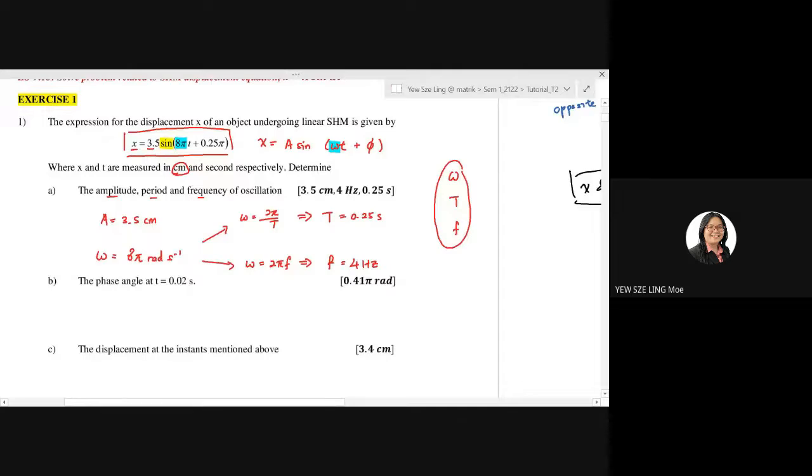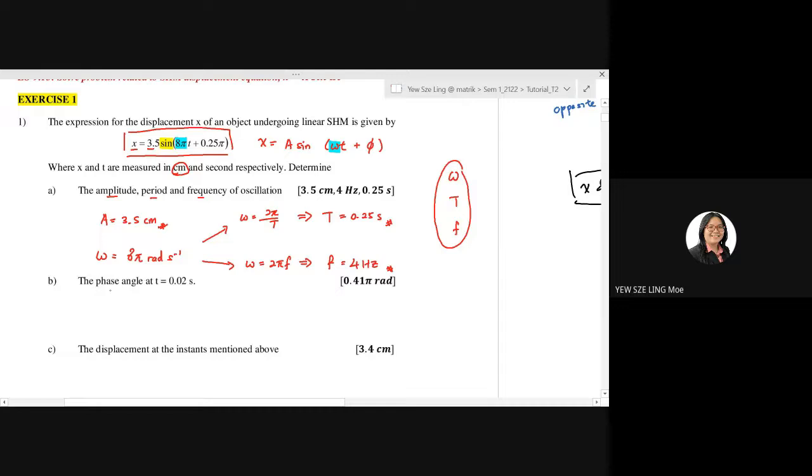This is the typical question in chapter 9, where you are given an equation and then asked to identify all this information. So now I have A, which is 3.5 cm, period, which is 0.25 second, and frequency, which is 4 hertz. So I have all of the information needed.